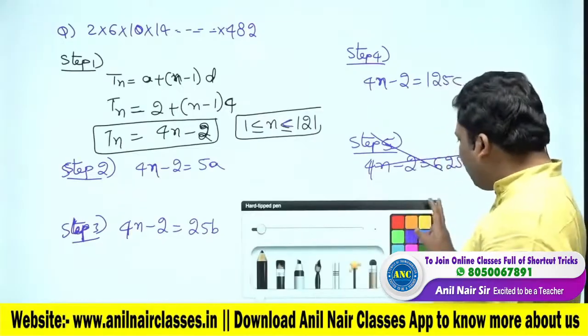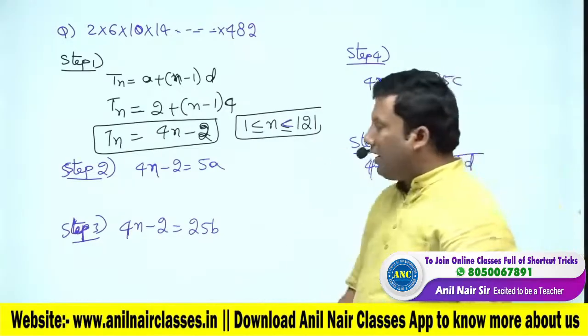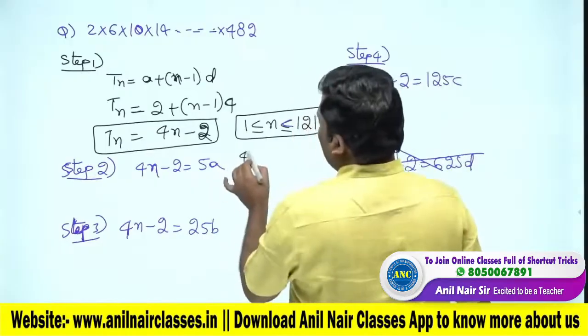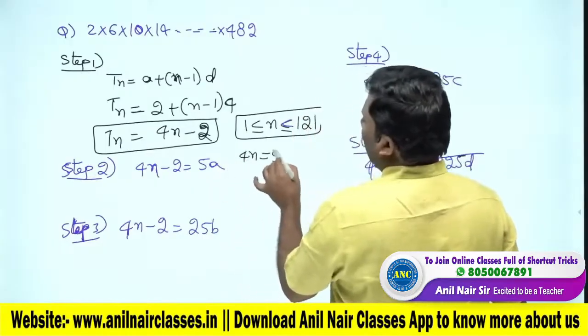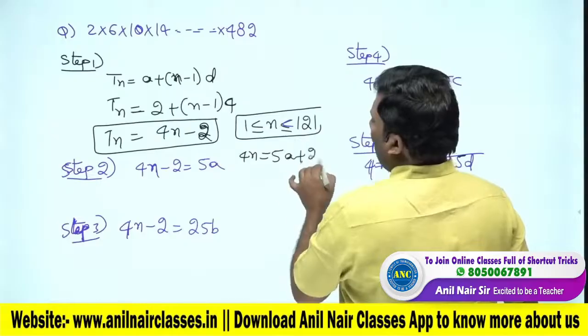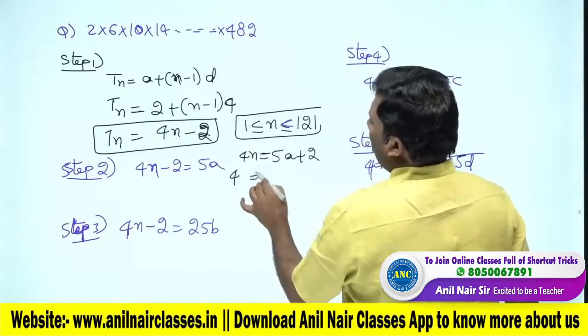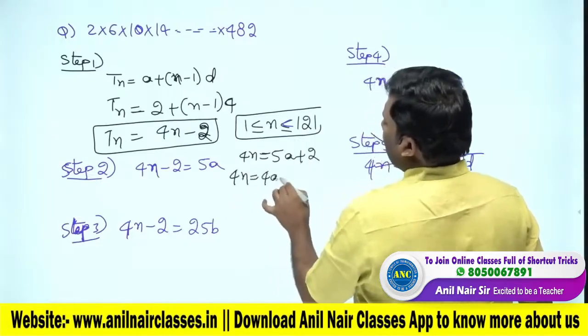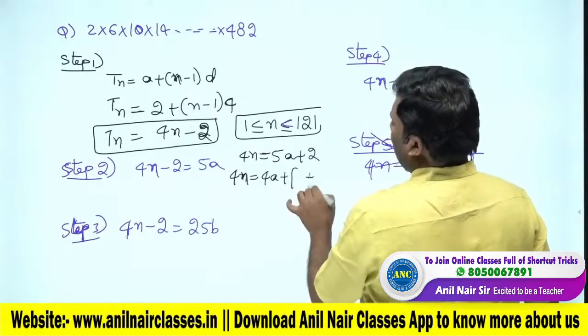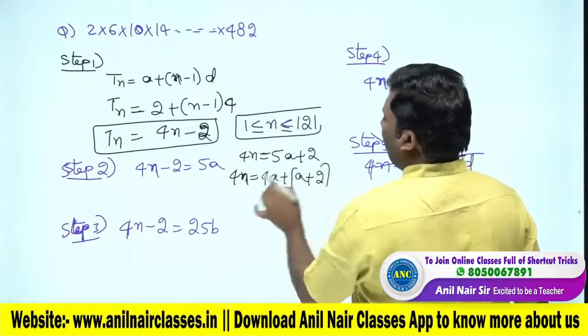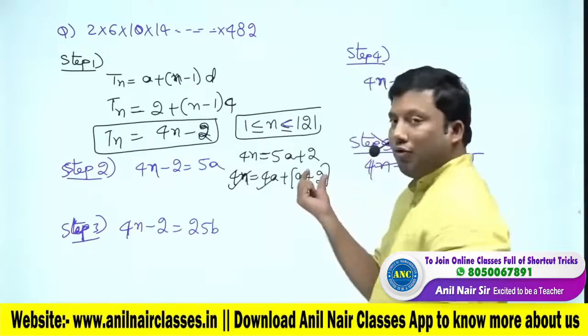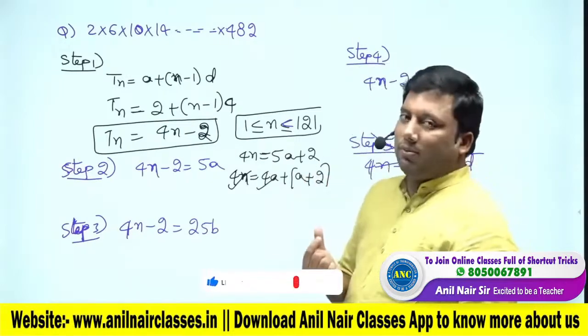Now slowly, step by step, counting, be very careful, sir. So 4n is equivalent to 5a plus 2. 4n equals 4a plus a plus 2. This a plus 2 should be divisible by 4.